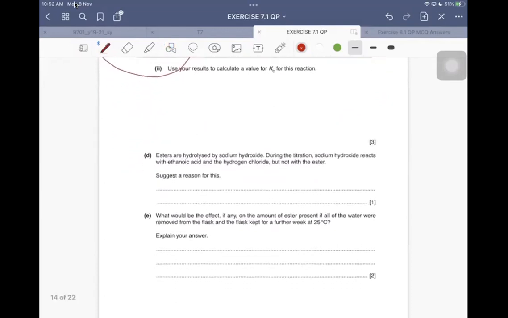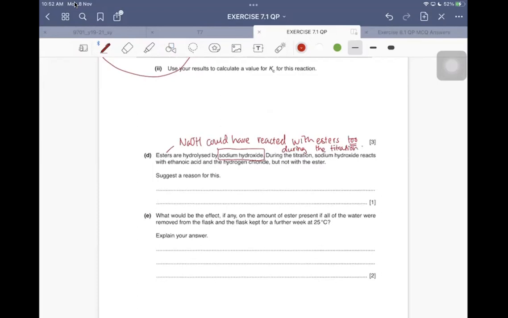Part D, esters are hydrolyzed by sodium hydroxide. So that means ester is another thing that could have reacted with sodium hydroxide during the titration.